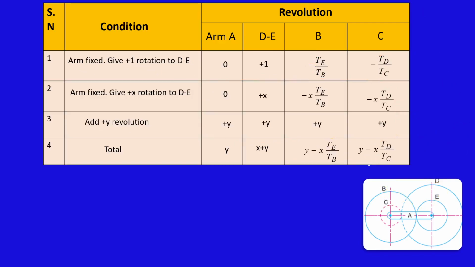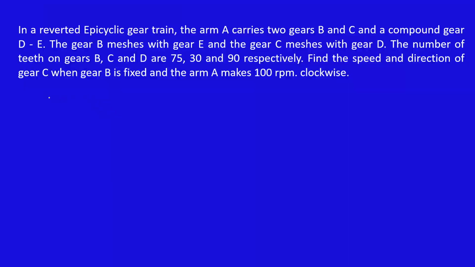Now we need to find the speed of gear C, because the problem statement says to find the speed of gear C where B is fixed, which means the speed of gear B equals 0, and arm A makes 100 RPM clockwise.